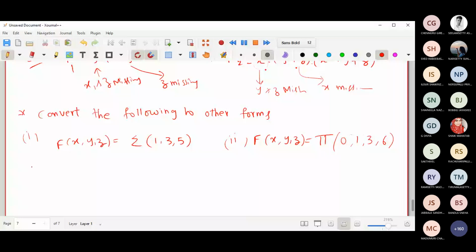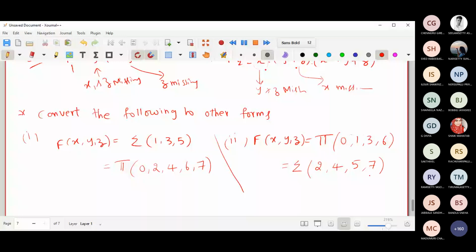So what are the maxterms for the first? 0, 2, 4, 6, 7. Next, what are the minterms for the second? 3, 4, 5, 7.